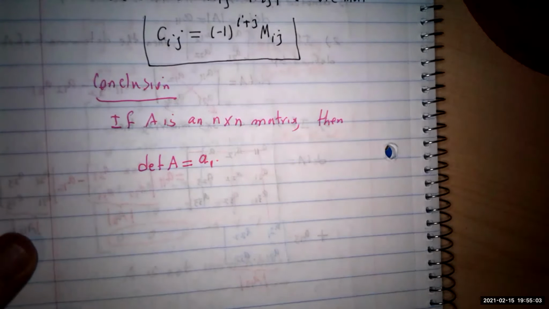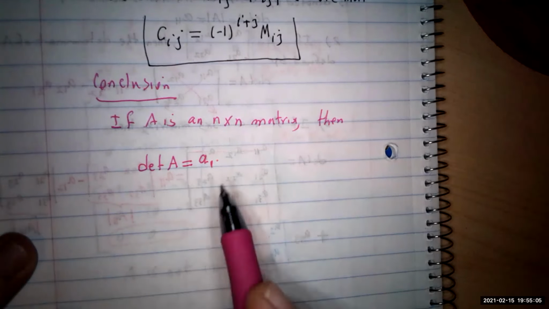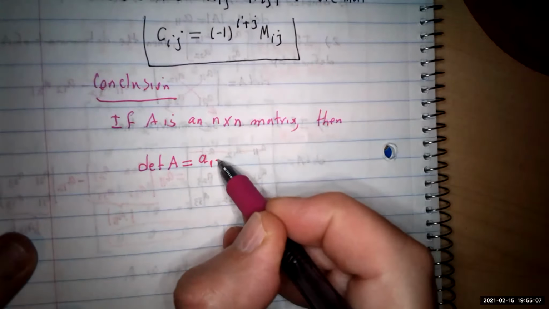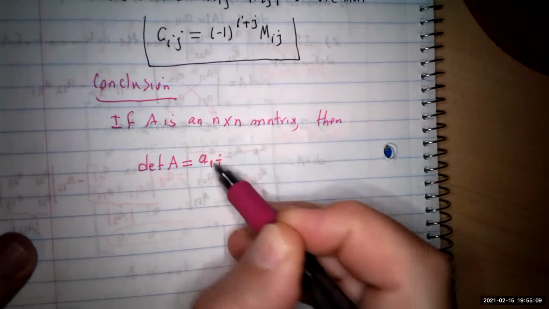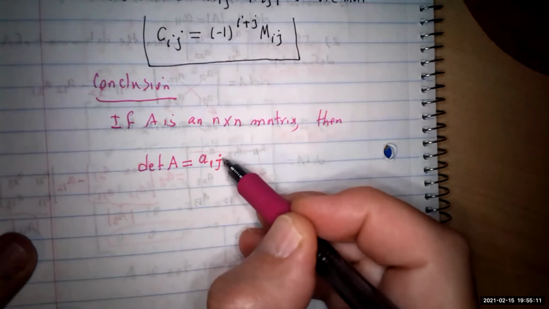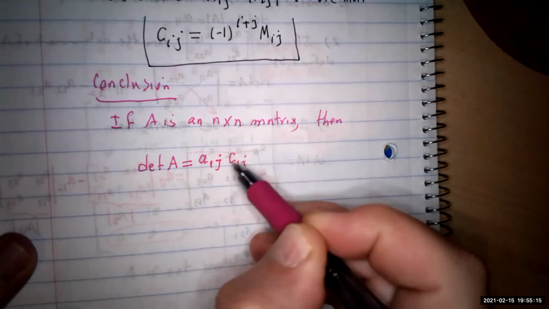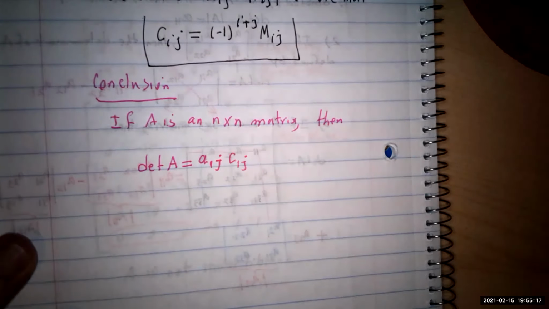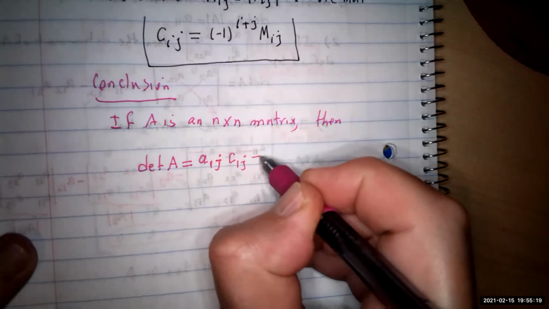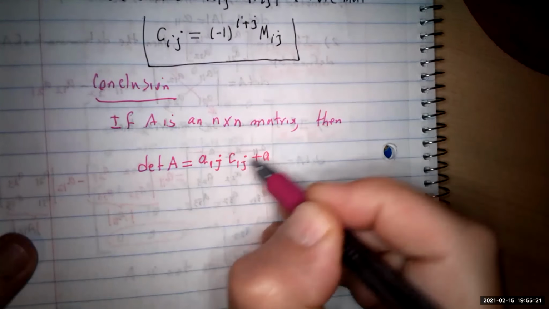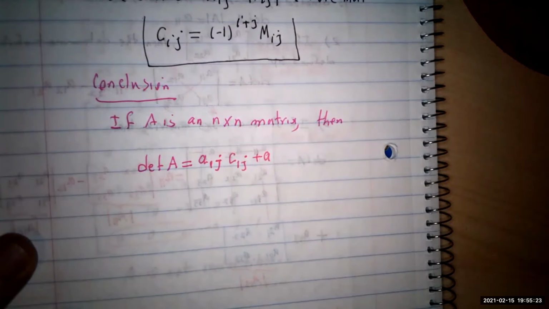So you get A1j times the cofactor C1j, the first row, j column. Then you just continue.